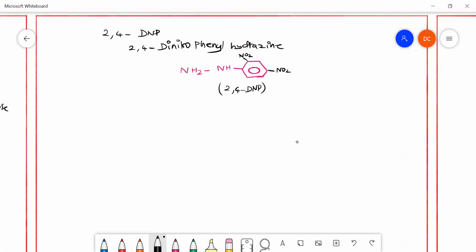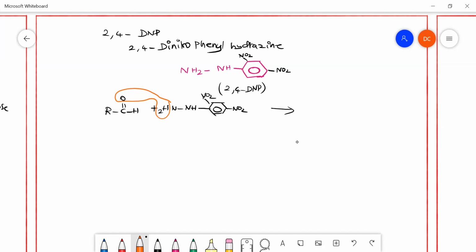Check the reaction. Suppose an aldehyde, with a C double bond O group, is reacting with H2N, NH, I'm just writing the phenylhydrazine molecule, with NO2 at the second position and the fourth position also. What kind of product can it give? You just remove the water molecule, and then straight away you can write the product.